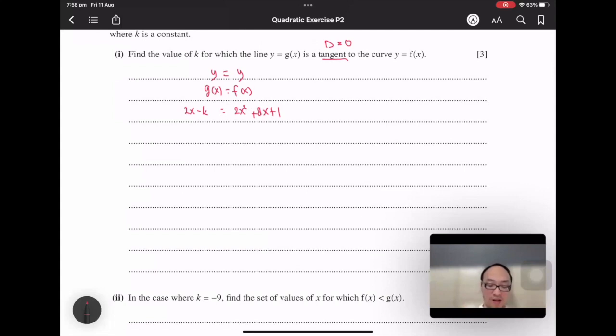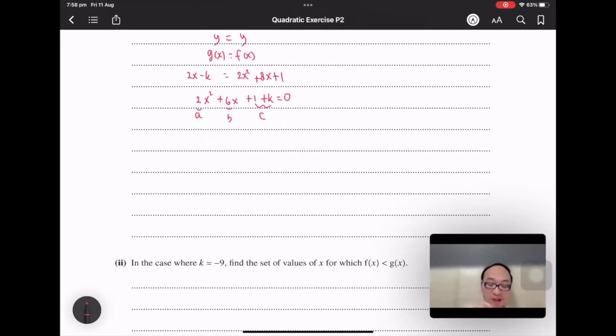Then we simplify to the quadratic equation 2x squared plus 6x plus 1 plus k equals 0. So we have a as 2, b as 6, and c as 1 plus k.